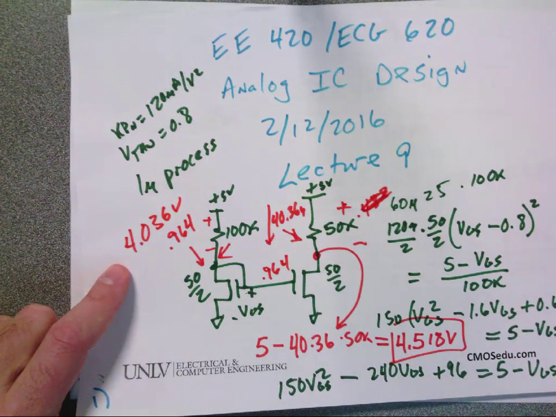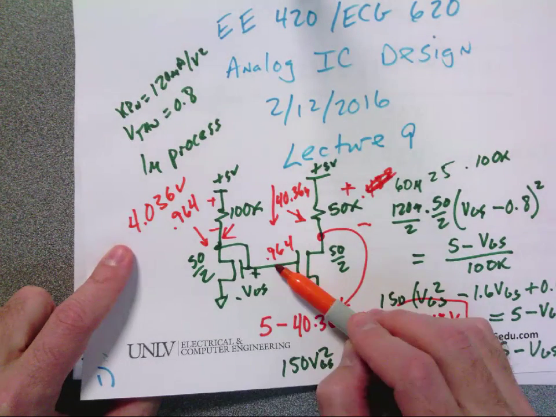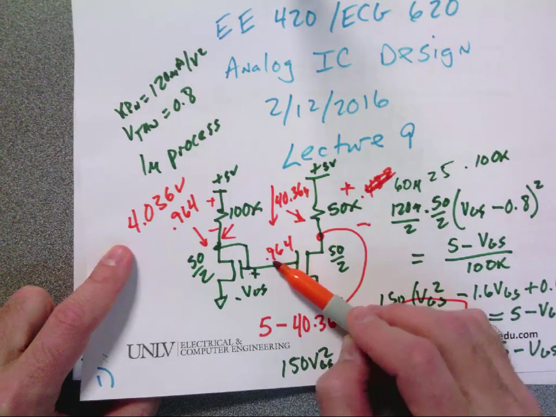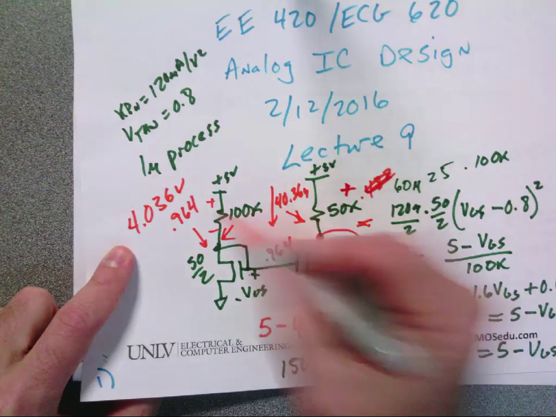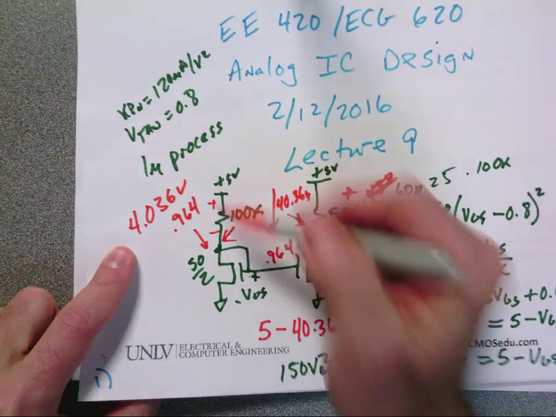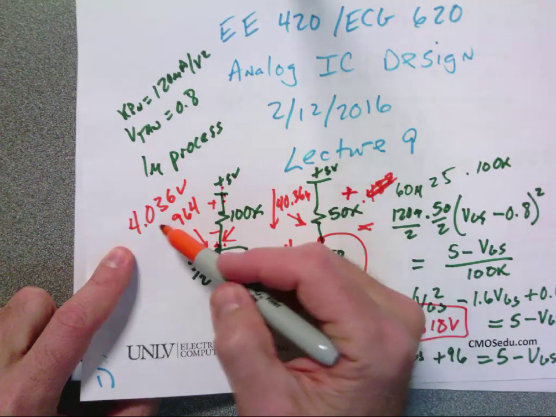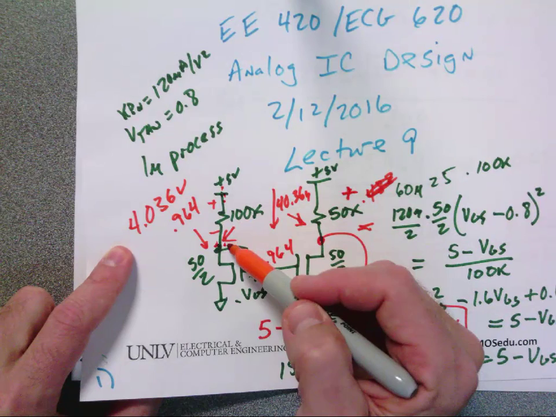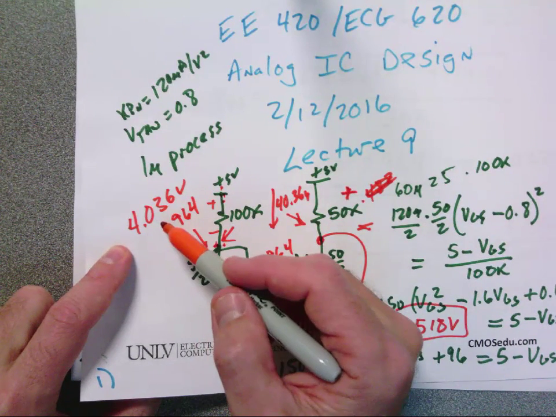Sergio? So what I did was I said, okay, I calculated the VGS as 0.964. And I said, oh, well, the voltage drop here is half of that, because this is 50K and it's 100, and it's not. It's half of the voltage drop across here. But the voltage drop across here is 5 minus 0.964, or 4.036.